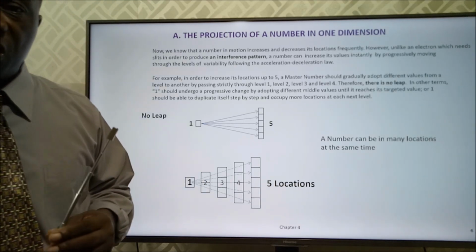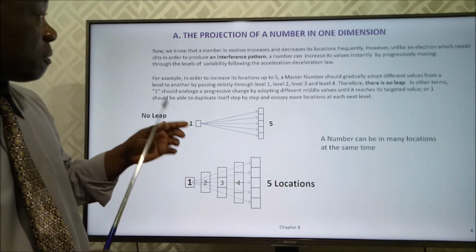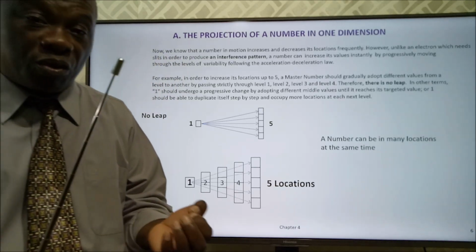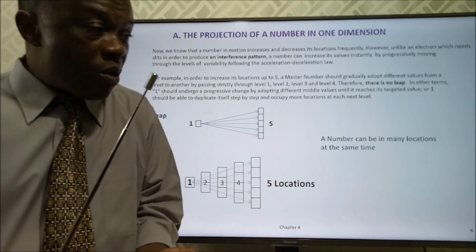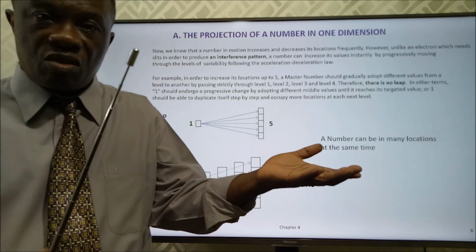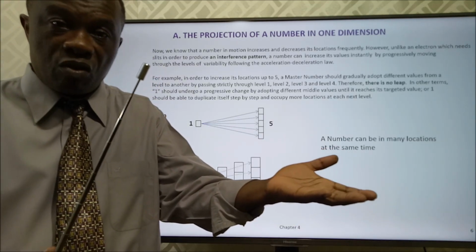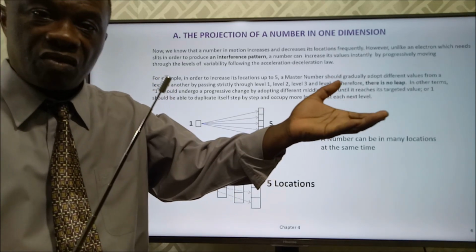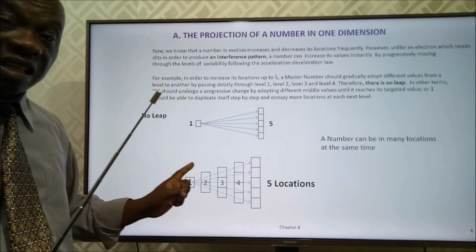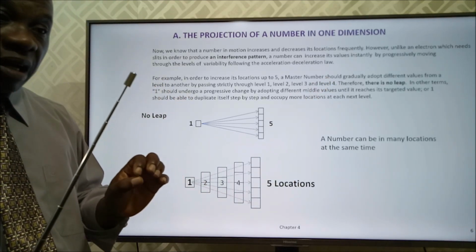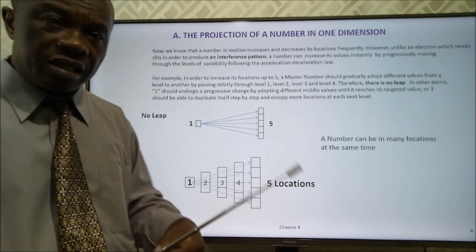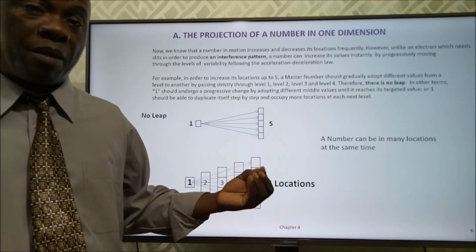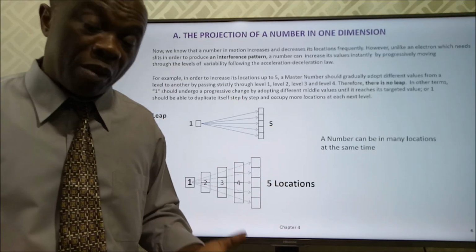The reason we have studied all of this as a projection of a number is because we want to know how many possibilities we will have when we let a particle travel. And the number gives us that, because so far scientists in the double slit experiment came with the findings that they have to use probabilities.